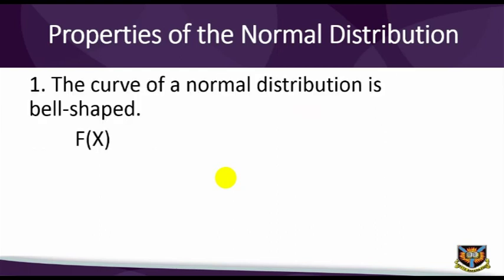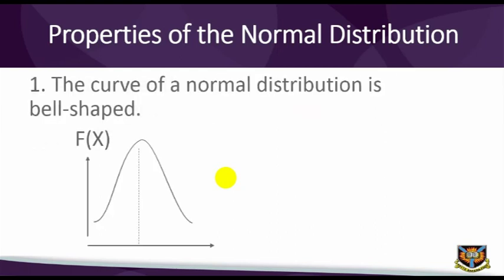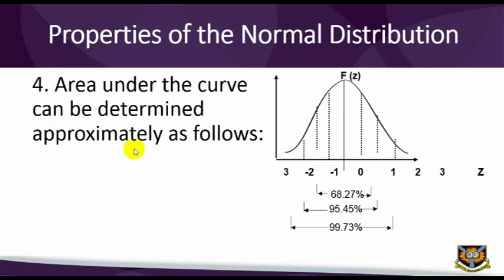4. Area under the curve can be determined approximately as follows. A. 68.27% of this area is between mean plus or minus standard deviation, that is, one standard deviation from the mean.